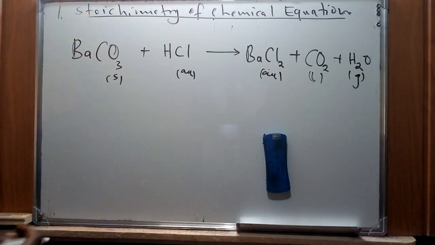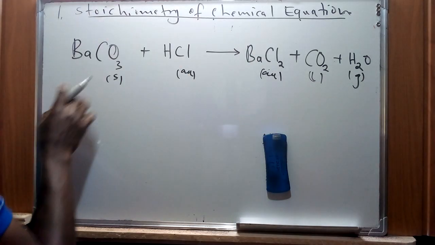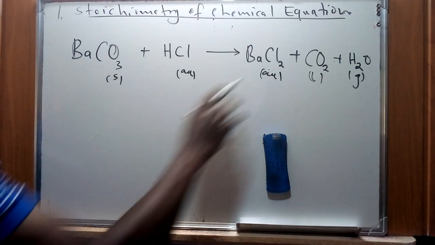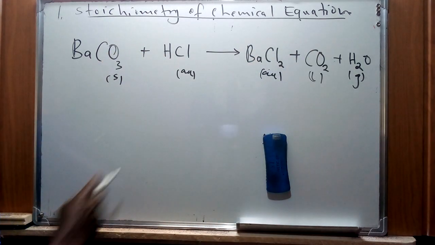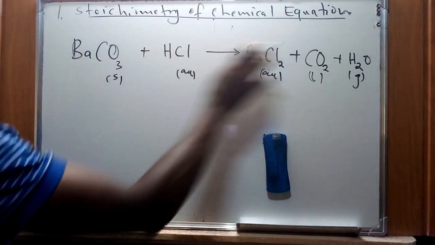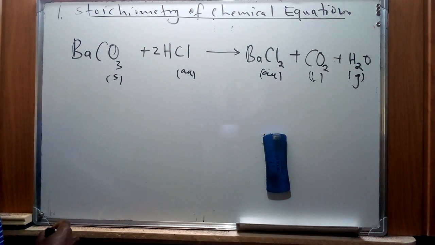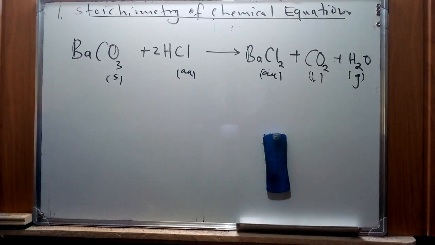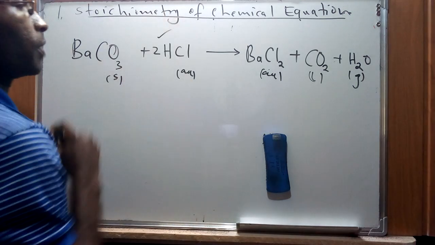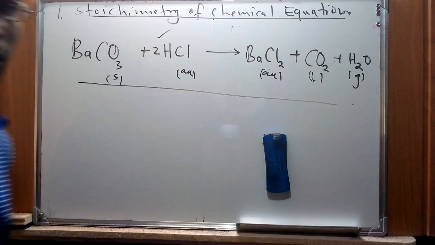So for us to do this balancing, the barium species on the reactant side is 1, 1, and then the carbon is 1, 1, oxygen is 3, there it's 3, hydrogen it's 2, there on the product side it's 1 here, so we add 2. That one makes the chlorine on the reacting side 2, the chlorine on the product side 2. So by adding 2 on this side of the reacting species, then we form a stoichiometric equation that is represented as such.